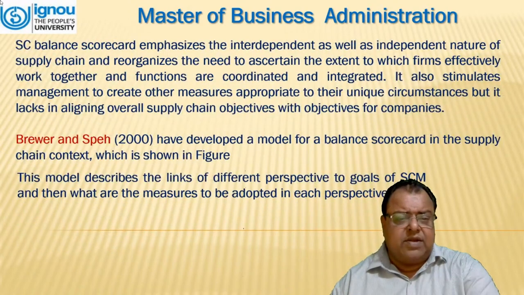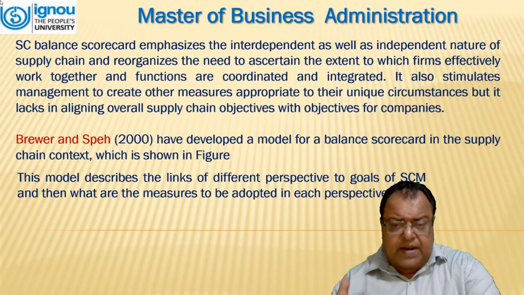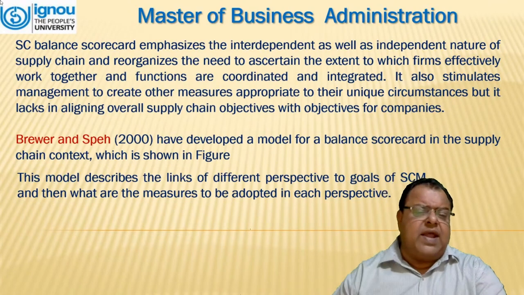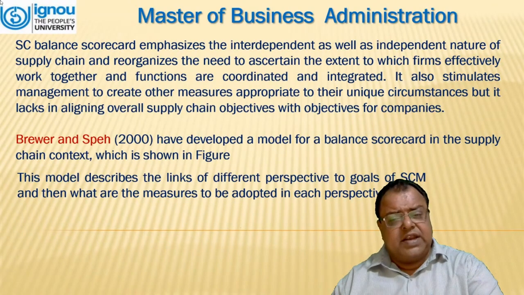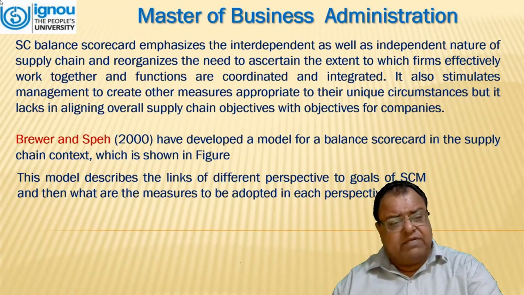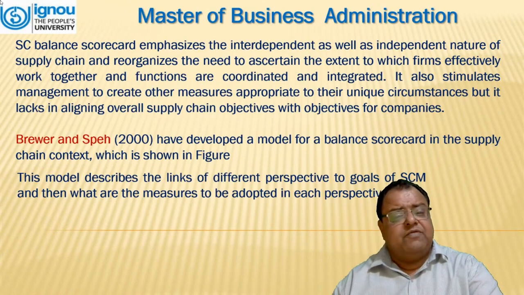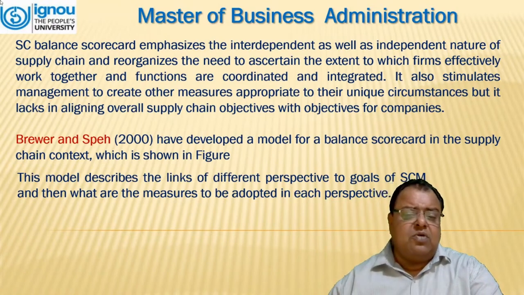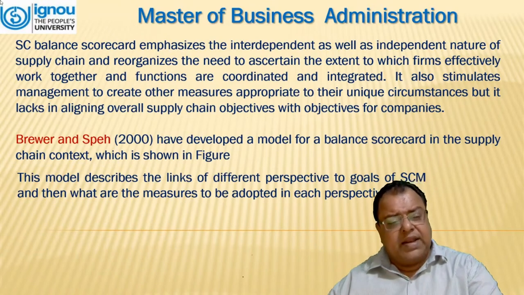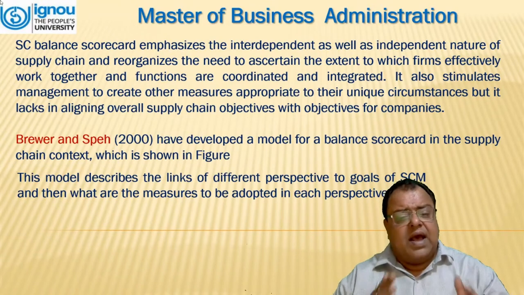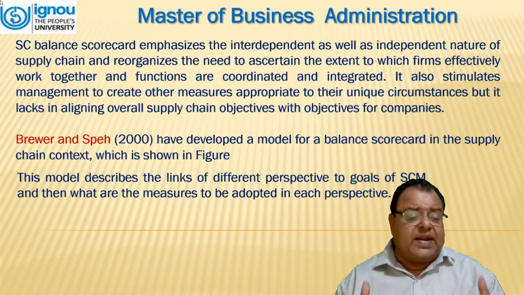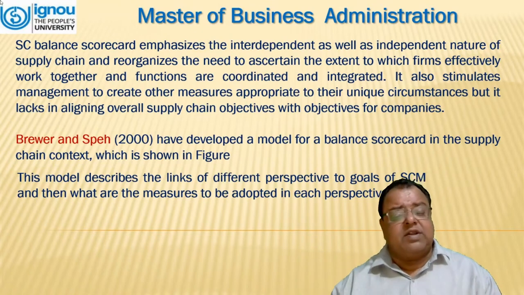Supply chain balanced scorecard emphasizes the interdependent as well as dependent nature of supply chain and recognizes the need of ascertaining the extent to which firms effectively work together and functions are coordinated and integrated. It also stimulates management to create other measures appropriate to their unique circumstances, but it lacks in aligning overall supply chain objectives with objectives for companies.